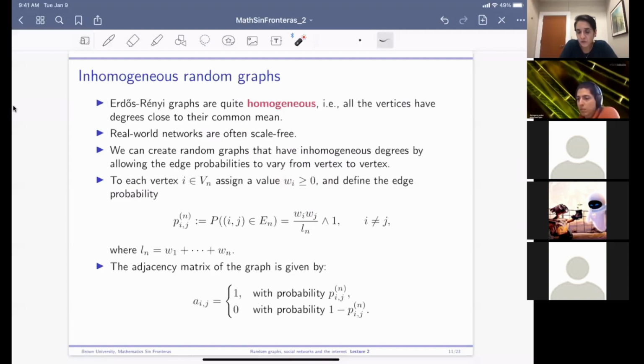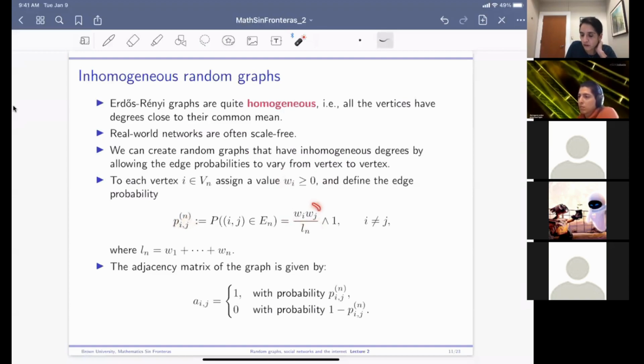So what happens when I look at the probability of having an edge between vertex i and j? If both i and j are extroverted, we want that probability of having an edge to be high, right? So we're going to make it equal to the product of the two extroverted levels of the vertices being connected.